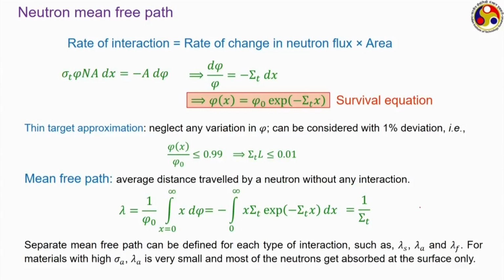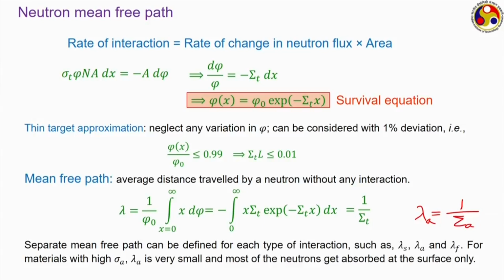If our interest is to know lambda_a, the absorption mean free path, that is the average distance travelled by a neutron before it gets absorbed in the medium, that will be the reciprocal of the macroscopic absorption cross section.